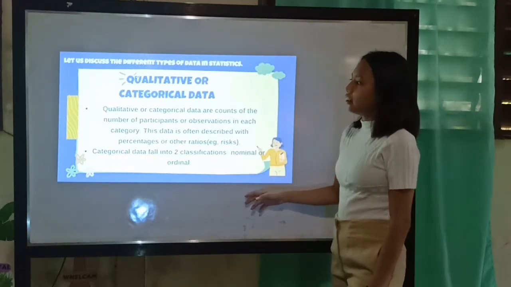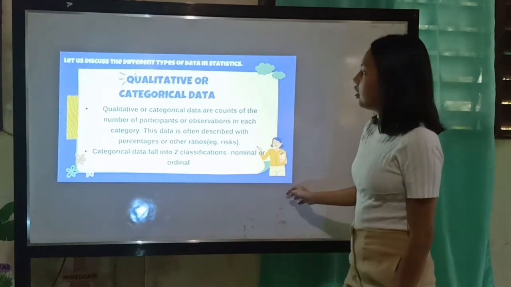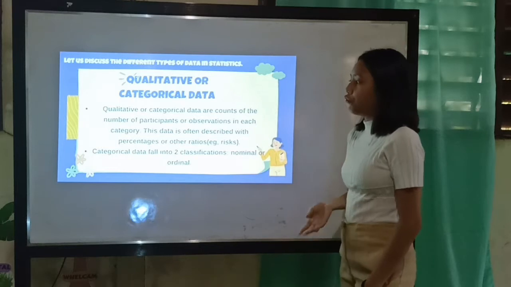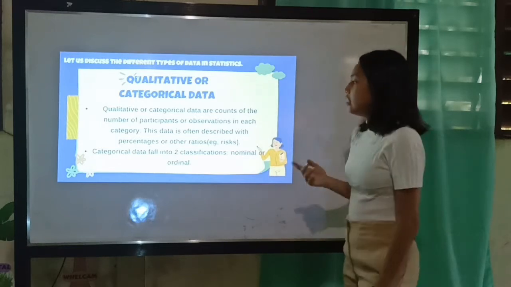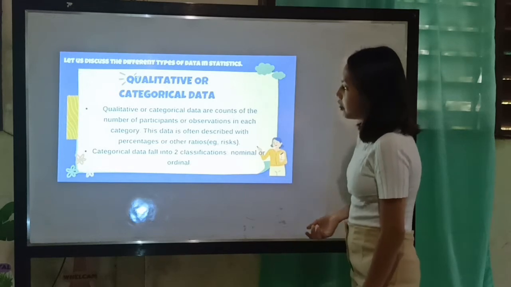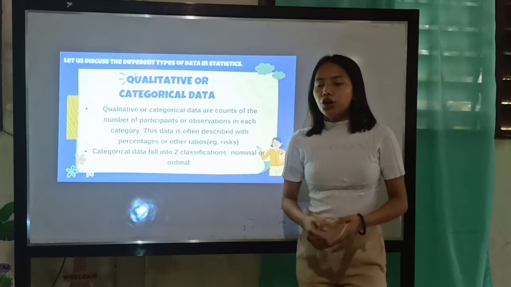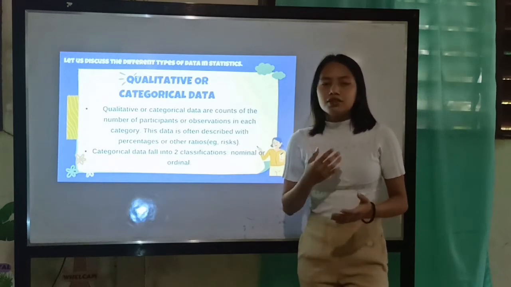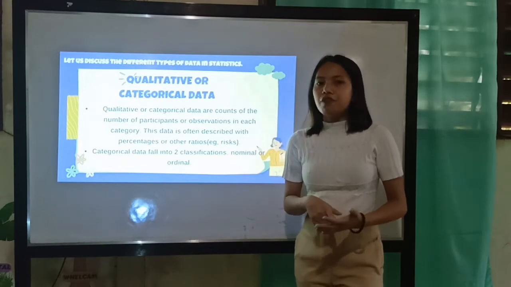First, we have qualitative or categorical data. So, qualitative or categorical data are counts of the number of participants or observations in each category. This data is often described by percentages or other ratios. So, categorical data or qualitative data is descriptive data. So, this describes the quality of the things.